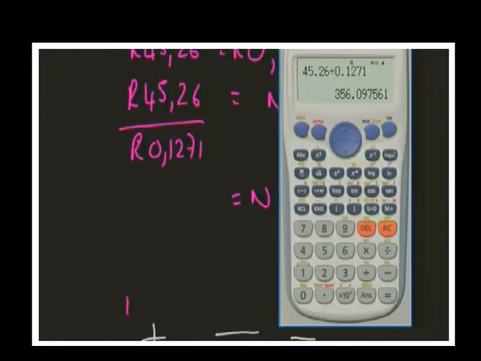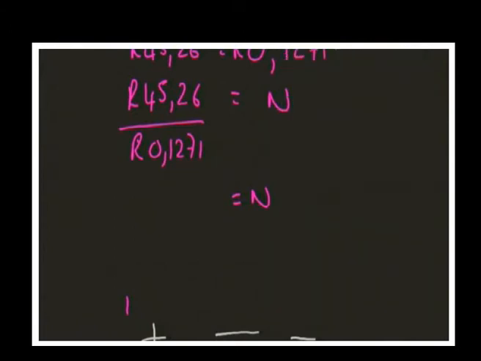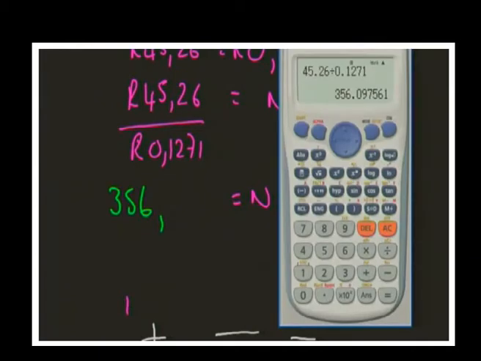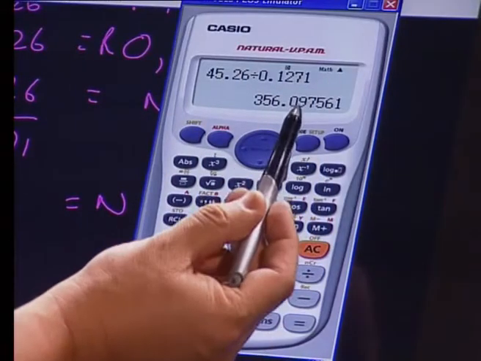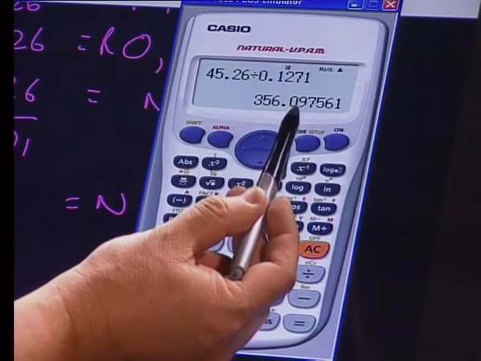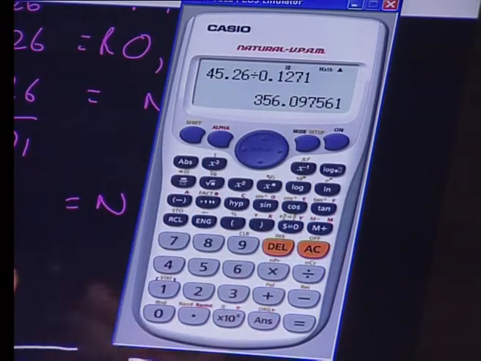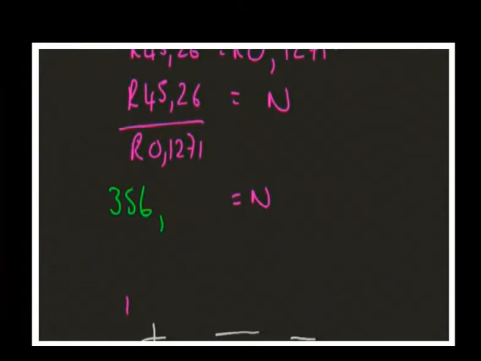And my answer on my calculator was 356. So let's do that quickly. 356, what? Let's have a look at it. 0.97. That 7 is going to move the 9 up 1. The 9 becomes 10. So I'm going to say then I've got 356.10 units.